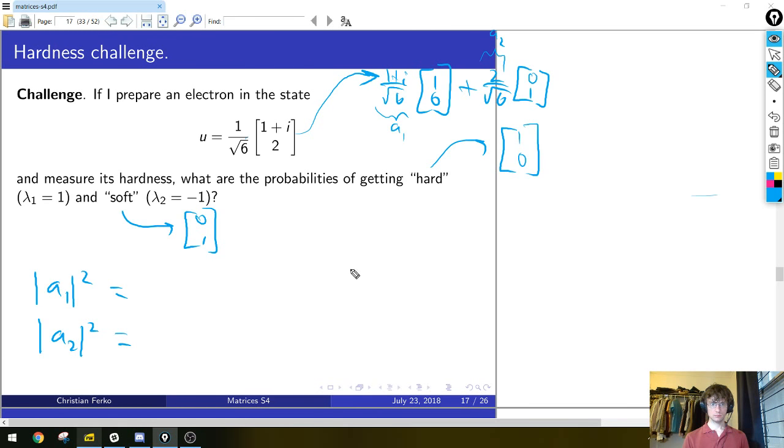Just writing stuff down right now. So let me see. So I guess we're going to recall our probability equations. I'm just writing these down now.